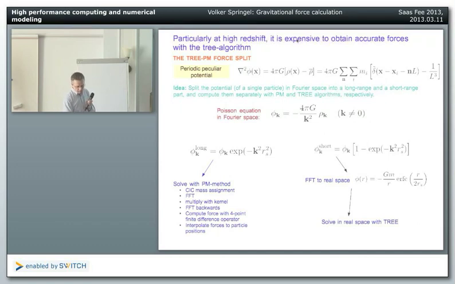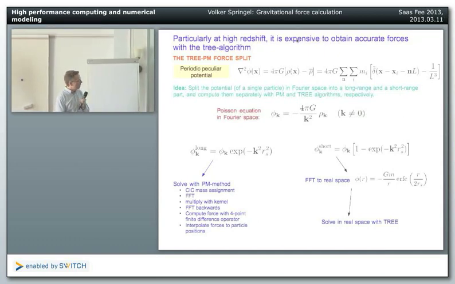Now let's Fourier transform this to real space. It turns out, if you do that, then you get this expression here. If you Fourier transform this short-range potential back to real space, you actually get minus GM over r, which is the Newtonian potential, but now multiplied with a cutoff function, which in this case is a complementary error function, erfc of r over 2Rs. Now this complementary error function, as you'll see in a minute, is unity on small scales.